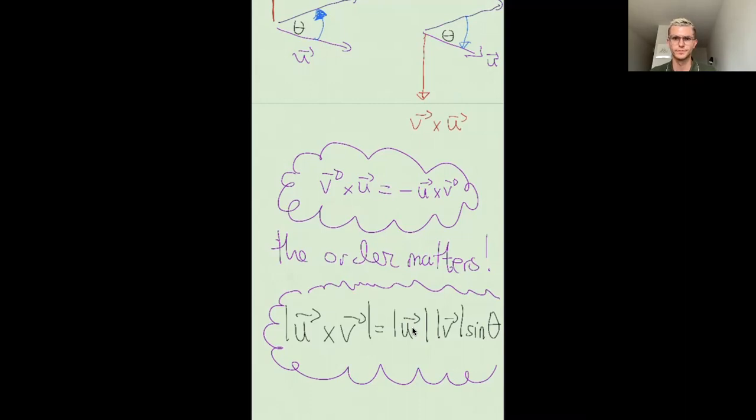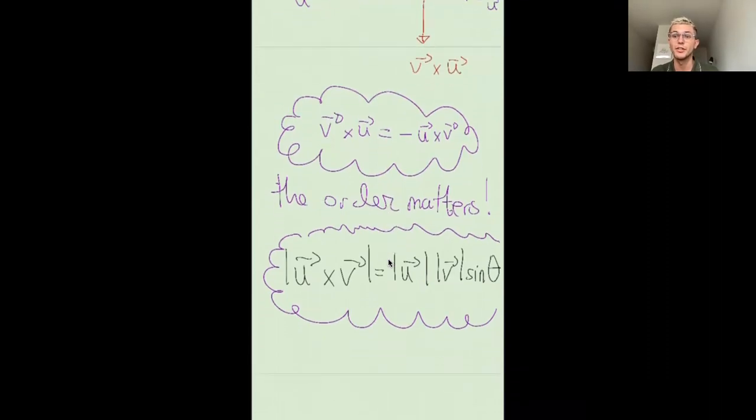So far, so good. These two things are the key properties of the cross product, and from here we can already start finding other things.